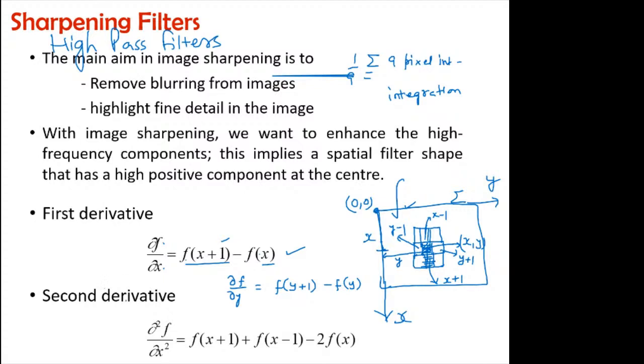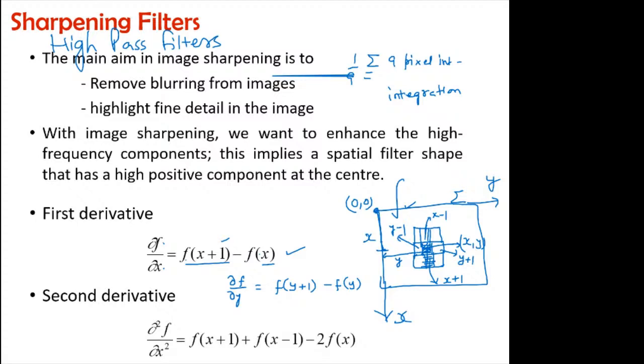Second order derivative is defined in this manner. Del square f by del x square is defined as f of x plus 1 plus f of x minus 1 minus twice of f(x). Yani ki, that means what?